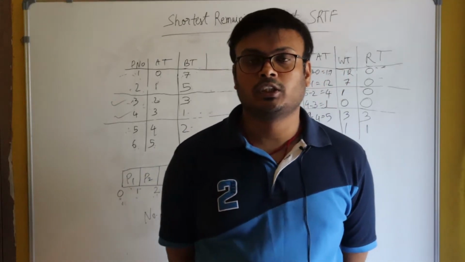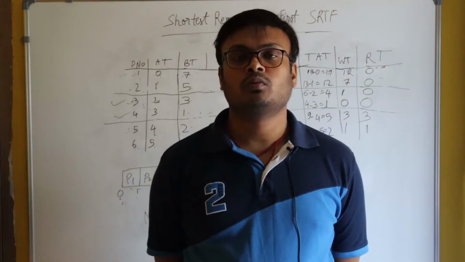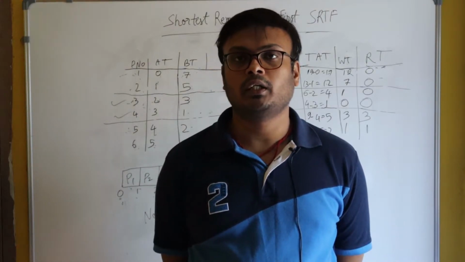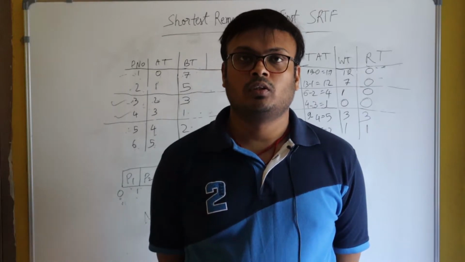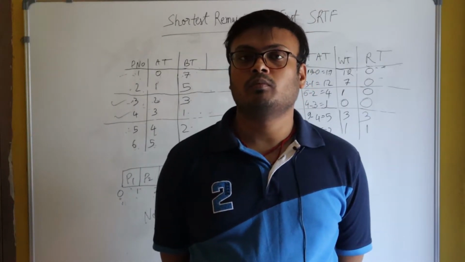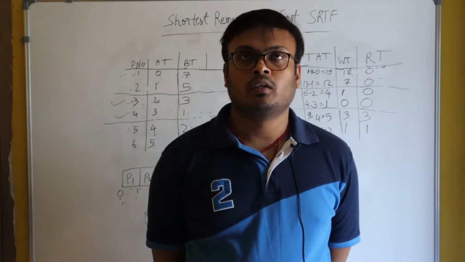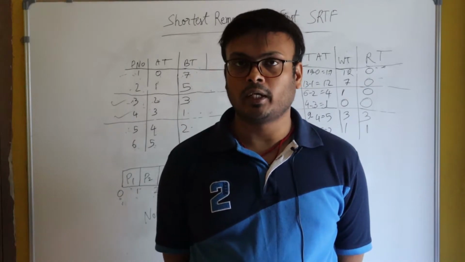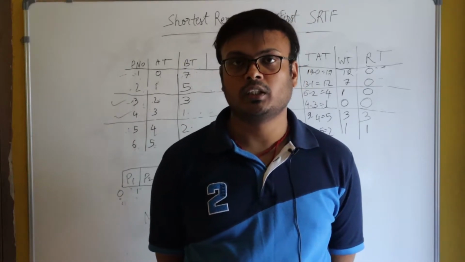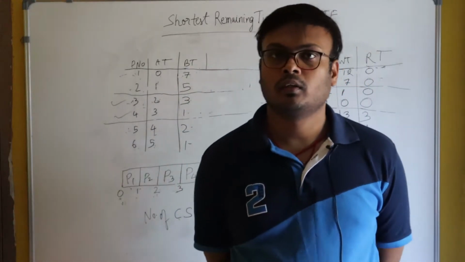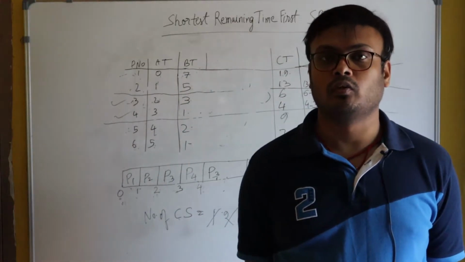So in the last lecture, I was teaching you the SRTF algorithm, shortest remaining time first. What's the advantage of this algorithm? It doesn't suffer from convoy effect. As we know, the FCFS algorithm suffers from convoy effect, but there is no convoy effect in case of the SRTF algorithm.